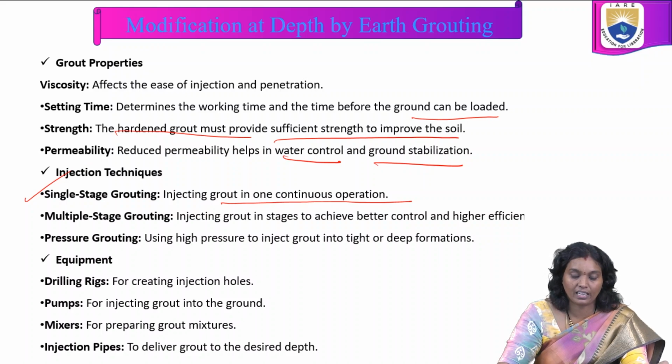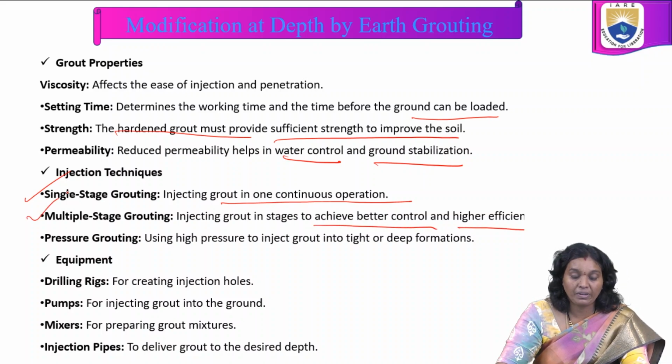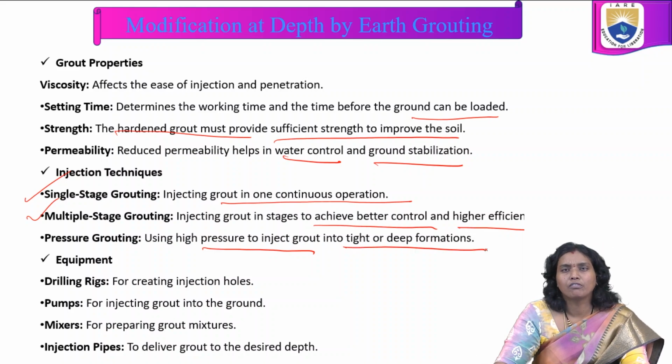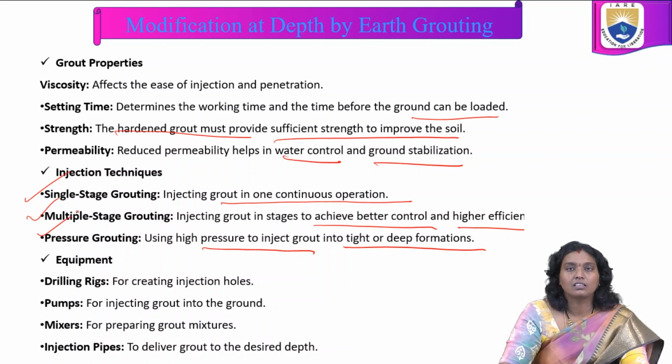This is one of the techniques. To achieve better control and higher efficiency, we choose multiple stage grouting. Coming to pressure grouting, we use high pressure to inject grout into tight or deep formations. We choose pressure grouting.